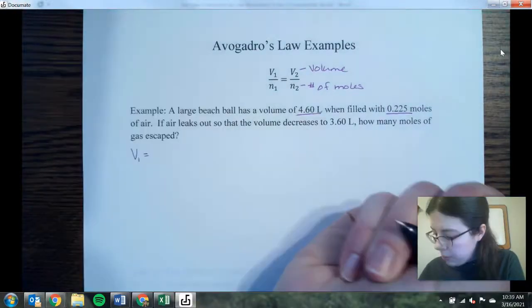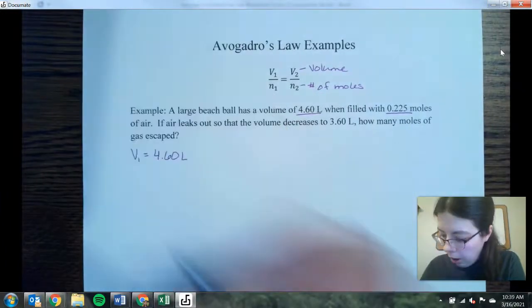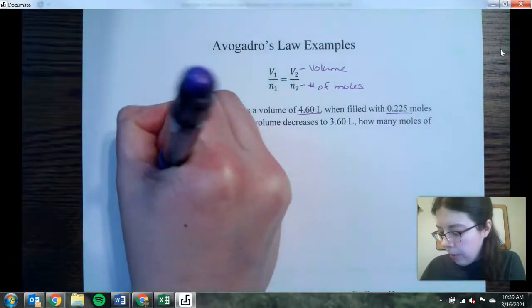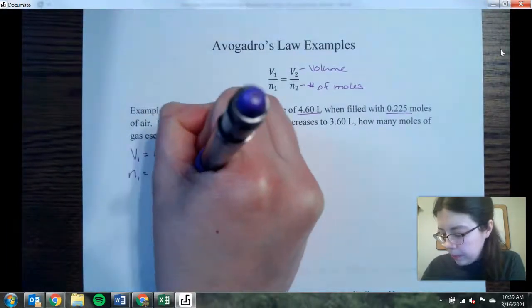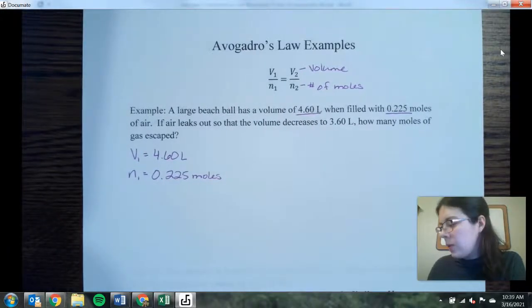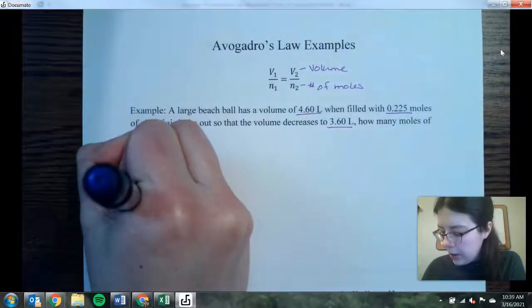So our V1 is equal to 4.60 liters. Our N1 is equal to 0.225 moles. Then we're told that air leaks out, so the volume decreases to 3.60 liters. That's going to be our V2.